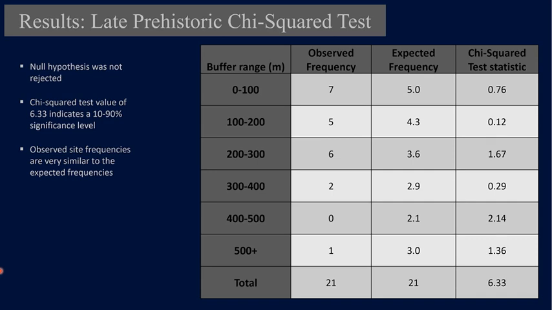The null hypothesis could not be rejected, with a test value of 6.33, which indicates a 10 to 90% significance level, which is a lot higher than the former data sets of the archaic, Anasazi, and archaeological sites. As you can see also within the observed and expected frequencies, there's only a 1 to 2 number difference between these frequencies that were looked at in this part of the study.